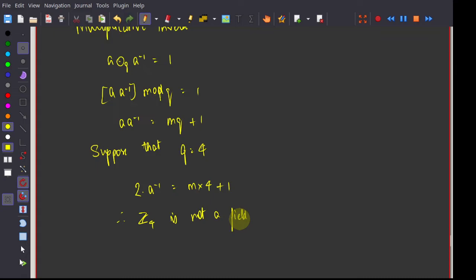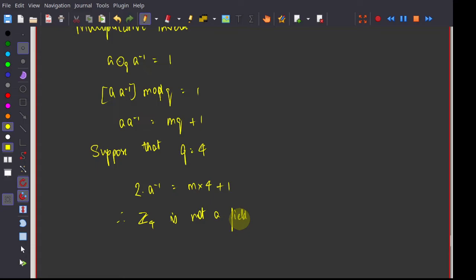Now we've seen that there are some values of Q for which ZQ is not a field. For Q equal to 2, agreed, it is a field. For 4, it is not a field.